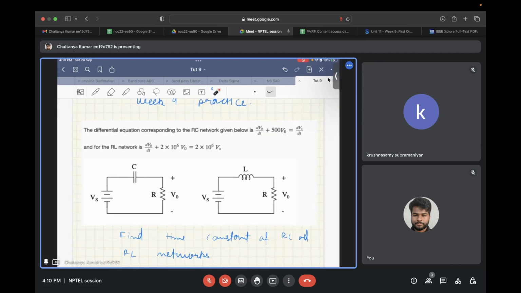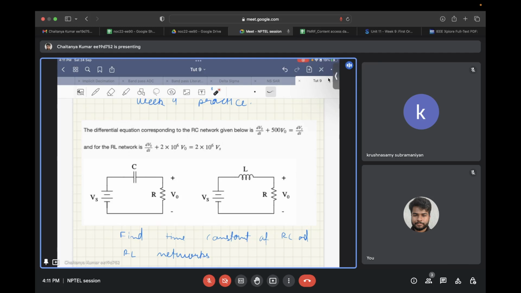In this question, you are given differential equations corresponding to RC as well as RL networks. So you have two networks, one is an RL network and another is an RC network, and you have been given the differential equation corresponding to both. For RC, it's dV naught plus 500 V naught is equal to dVs by dt.